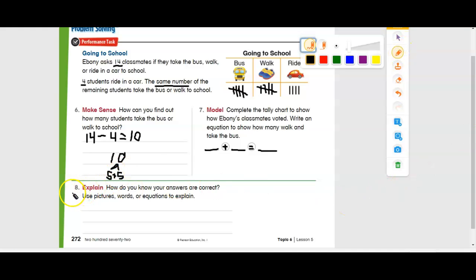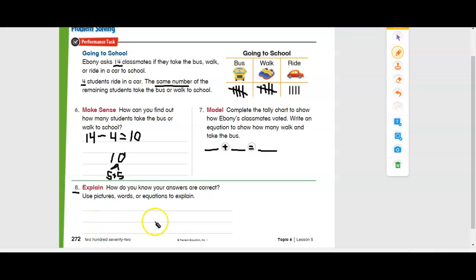And for your last problem on number 8, it just wants you to explain how do you know where our answers were correct. You can do this by using pictures, words, or equations. So they want to know, how do we know that all of these tally marks are equal to 14? You can show your work down below.